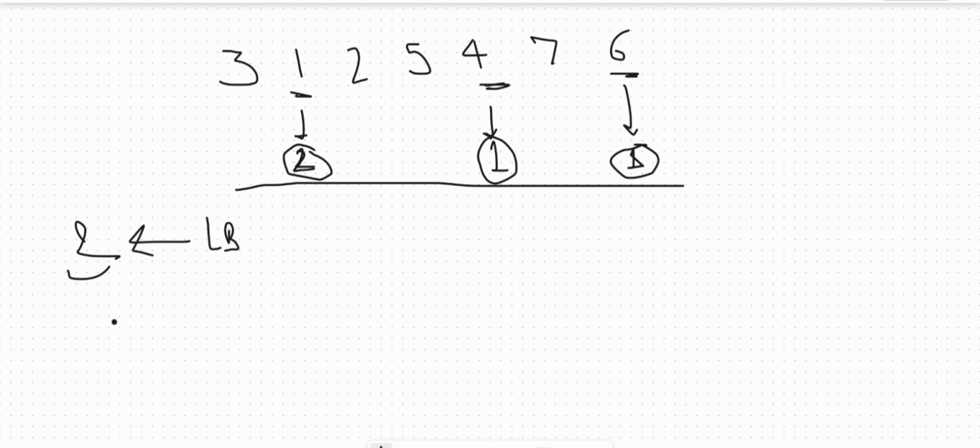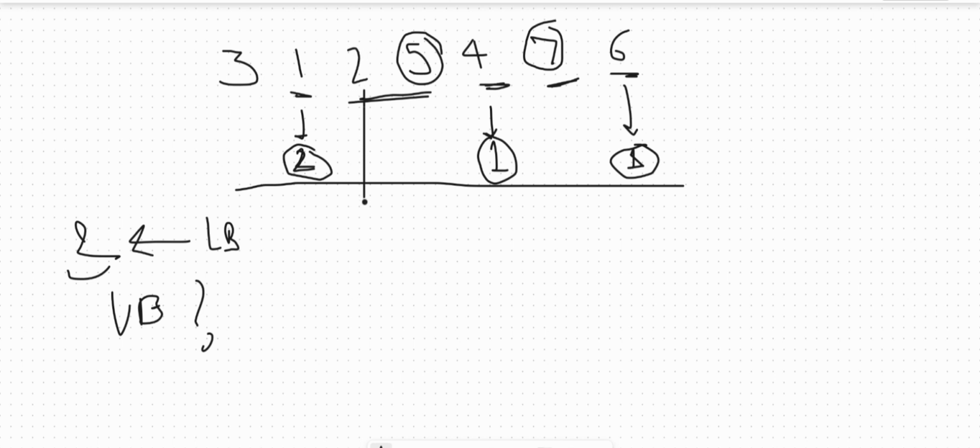And what will be the upper bound? Now we need to calculate the upper bound. To calculate the upper bound, we'll look at these indices, the increasing part. In the increasing part, we must not be including 5, and we must not be including 7, because if that's included, we cannot convert this array. So when will 5 be included? 5 will be included when 2 will be greater than 5.